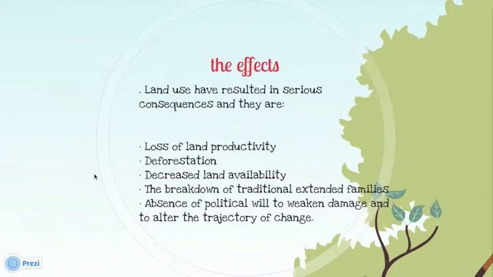Second one, deforestation. The third one, decreased land availability. Fourth one, the breakdown of traditional extended families. And the last one is absence of political will to weaken damage and to alter the trajectory of change.